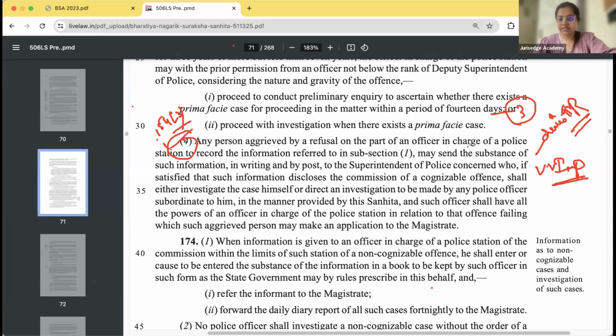The aggrieved person may send the substance of such information in writing and by post to the superintendent of police concerned, who, if satisfied that such information discloses the commission of a cognizable offense, shall either investigate the case himself or direct an investigation to be made by the police officer subordinate to him in the manner provided by this Sanhita, and such officer shall have all the powers of an officer in charge of a police station in relation to that offense.